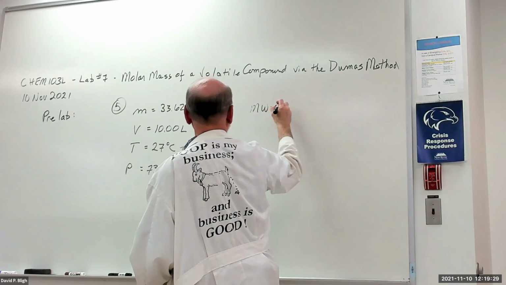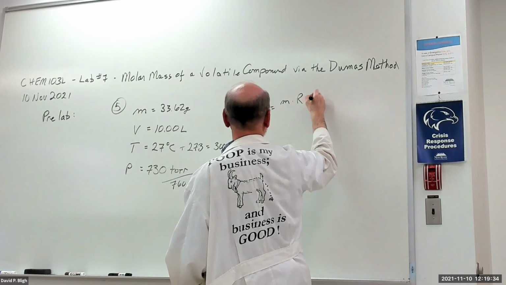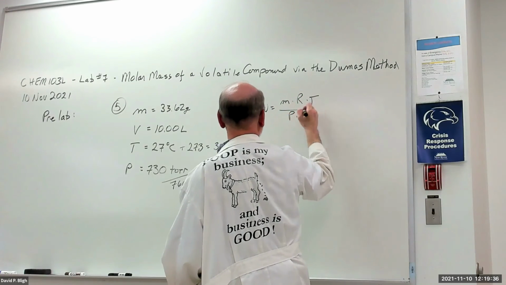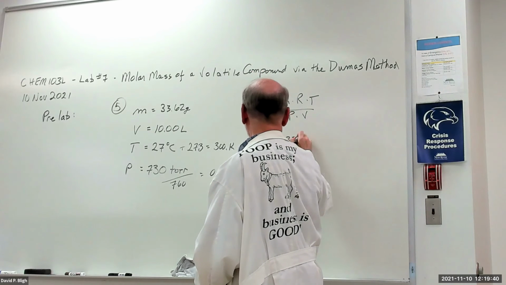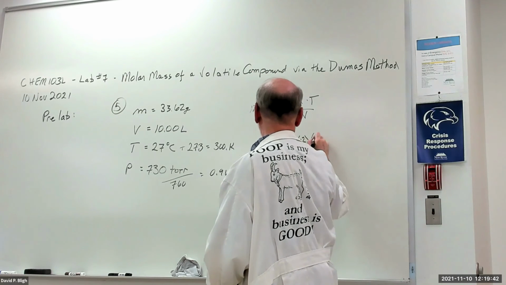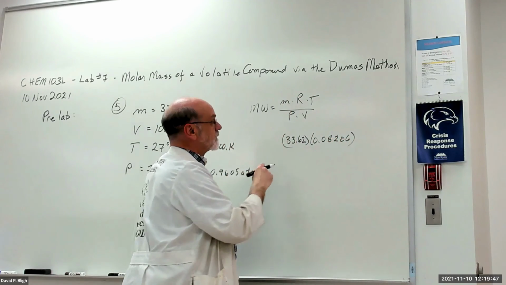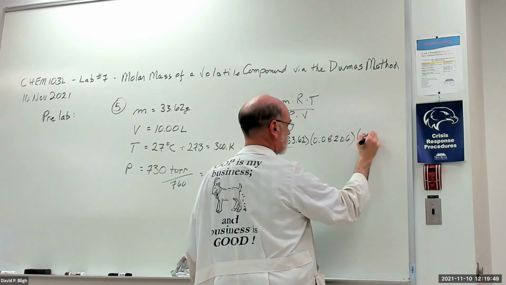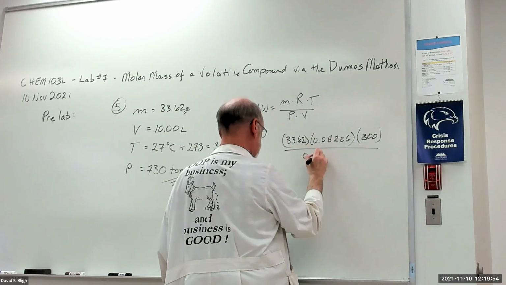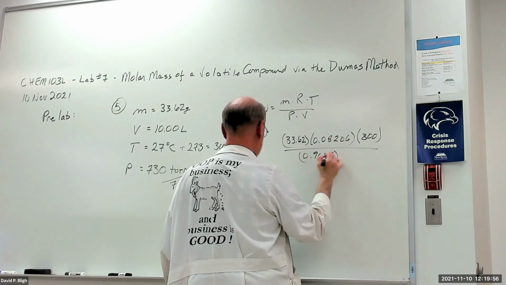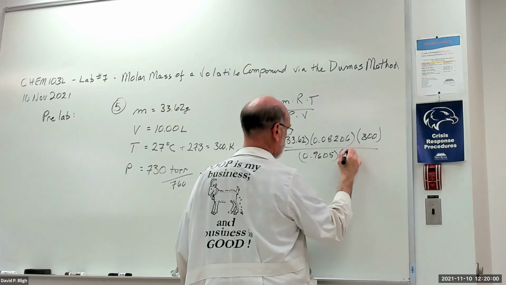What was the equation? Molecular weight equals mass times R times T over P times V. So 33.62, 0.08206. I better write on this side so they can see me there. 300 divided by 0.9605 and volume 10.